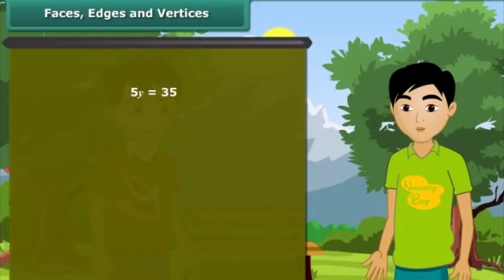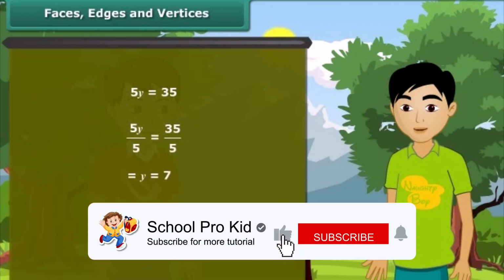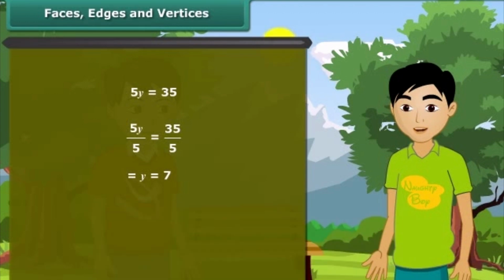Now take equation 5y is equal to 35. To get just y on LHS, we will divide both the sides by 5. So we get LHS which is equal to y and RHS is equal to 7. Hence, we get the result y as 7.